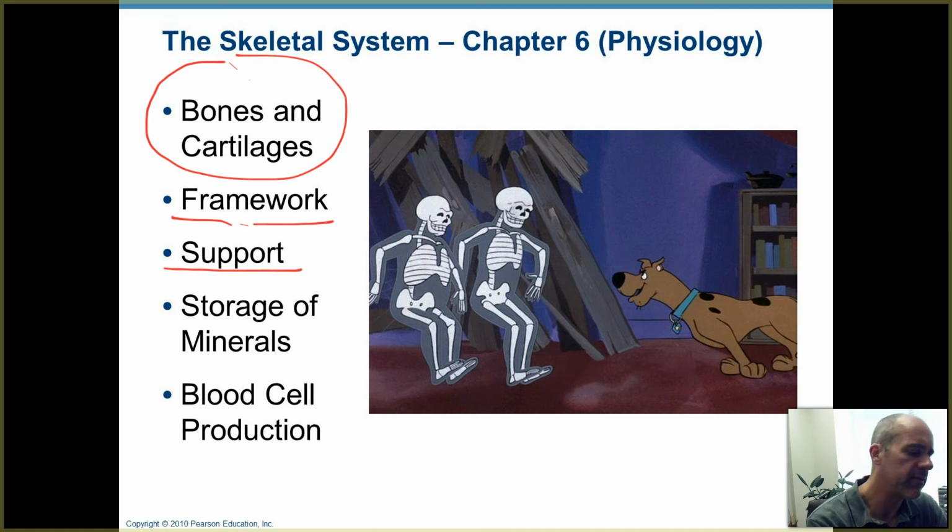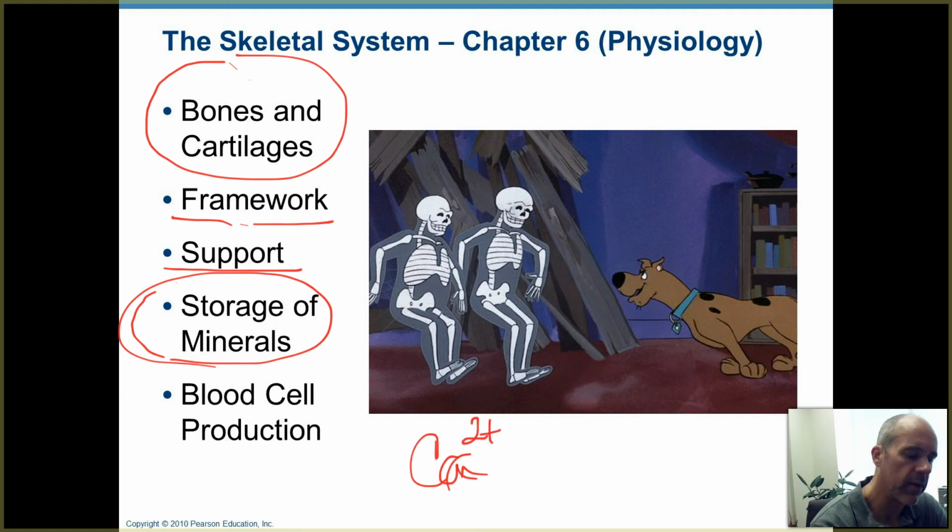But what may not be quite as obvious, storage of minerals, especially calcium. And calcium is usually written like this, Ca with 2 plus signs, which just indicates that in our body fluids, calcium is an electrolyte. It's an ion with a double positive charge.